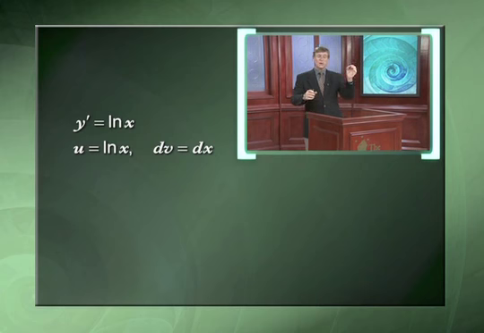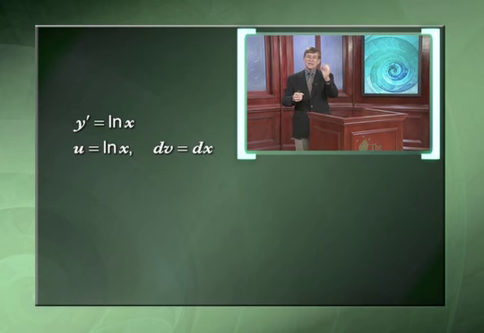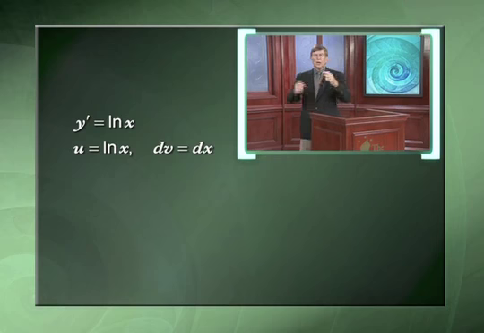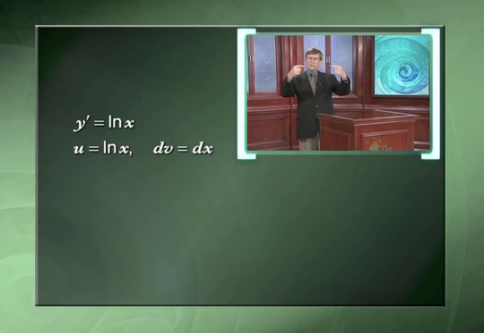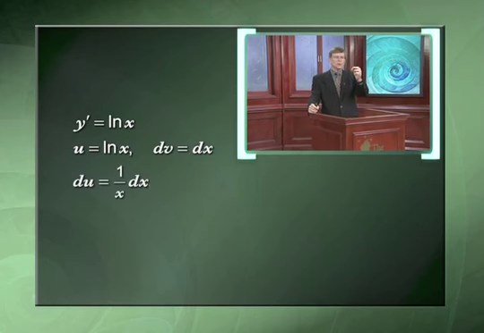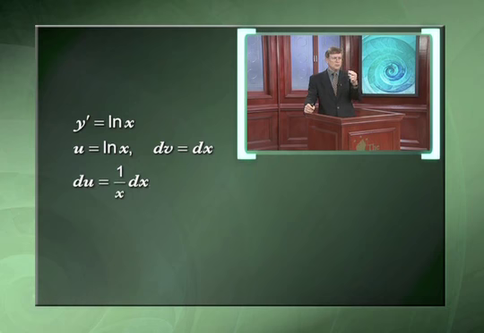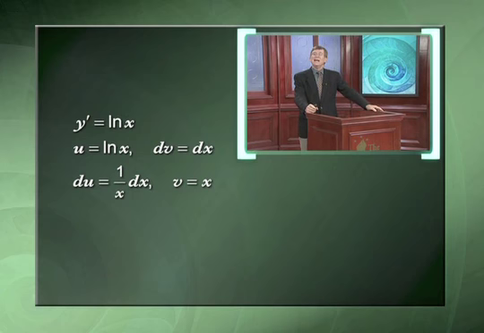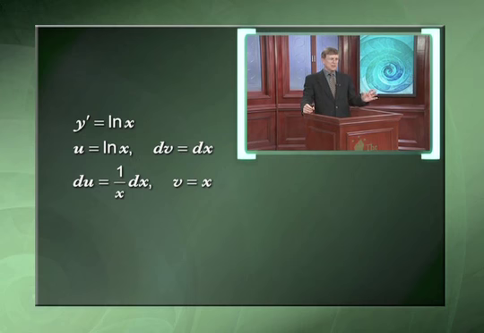So here are the choices. U is log x, dv is dx. Once you've made those choices, you have nothing else to worry about. It just goes. The derivative of u is 1 over x, so du is 1 over x dx, and the antiderivative of dx is x. Okay, so those are our characters. Let's put it together.